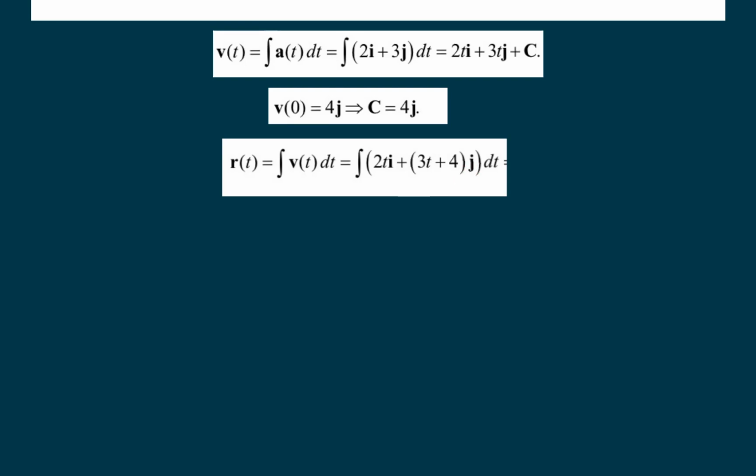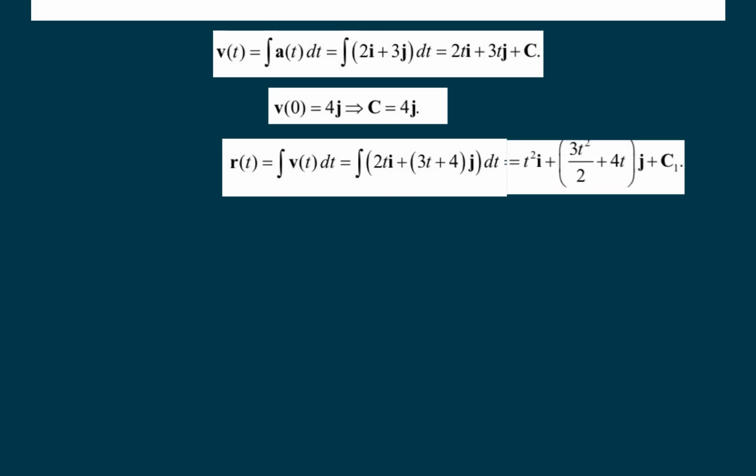Find this integral, which is a very easy integral. The integral of 2t is t squared, so we get t squared i plus 3t squared divided by 2 plus 4t in the direction j, plus a new constant, c1.